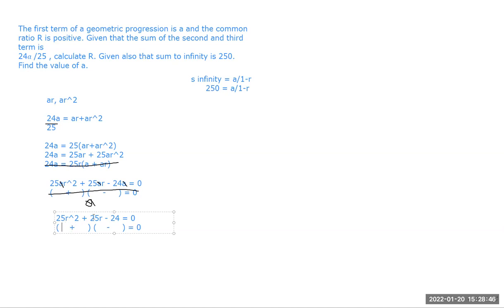So it must be what? To get 25, it has to be what? Two numbers multiplied at a time to get 25. 5 and 5. Yes, all right. 5R and 5R.